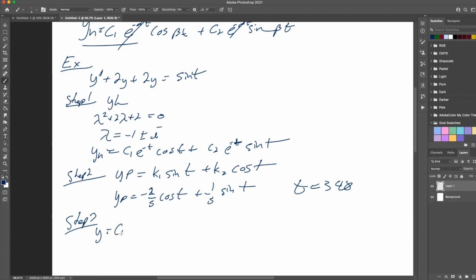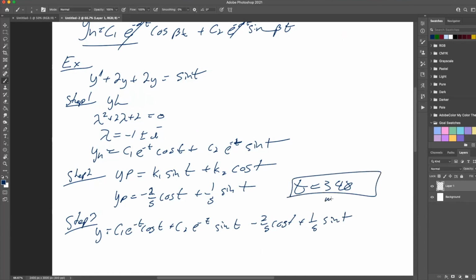So y is equal to c1 e to the minus t cosine of t plus c2 e to the minus t sine of t minus 2/5 cosine t plus 1/5 sine of t. And I say at t equals 340, what's the amplitude? Where is it at and what's the amplitude?